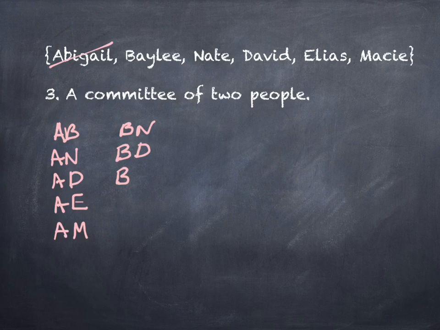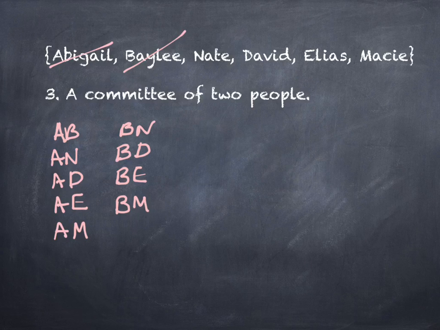Bailey Elias, or Bailey Macy. Notice there's 1 fewer. Why is there 1 fewer? Because I'm not writing BA, right? I already wrote it. So I will have 1 fewer on this list. But now I've written down every possible committee that Bailey could be on. So she's no longer going to be written down in any other forms. I've written all hers down.